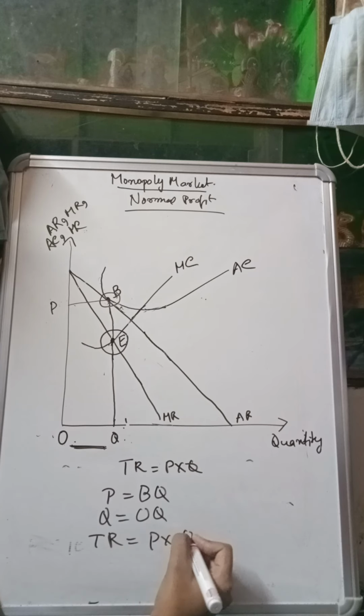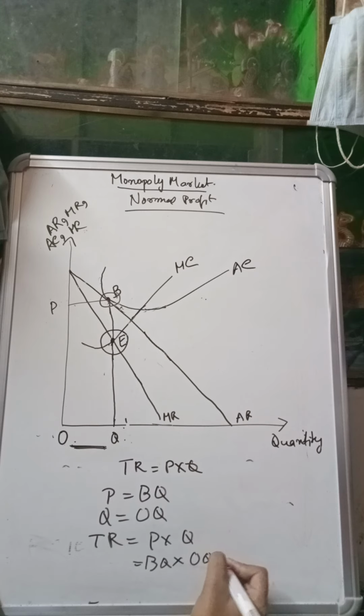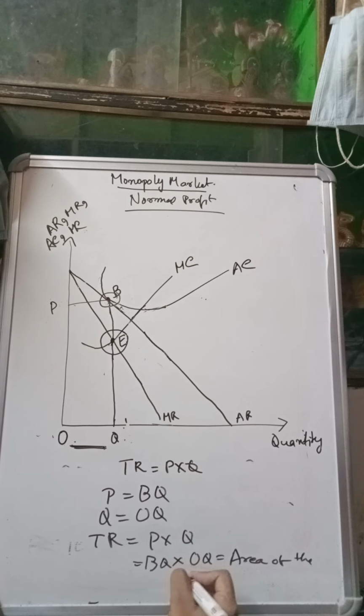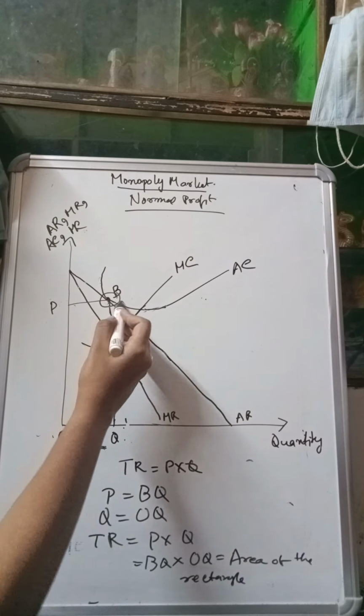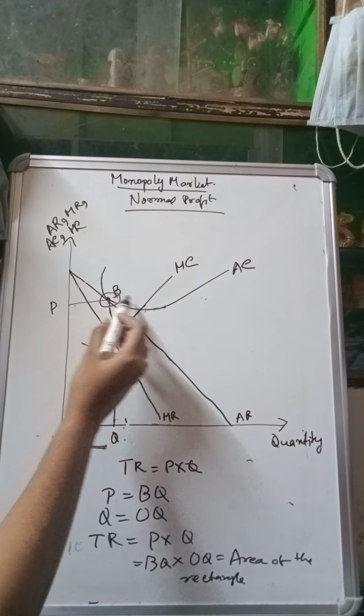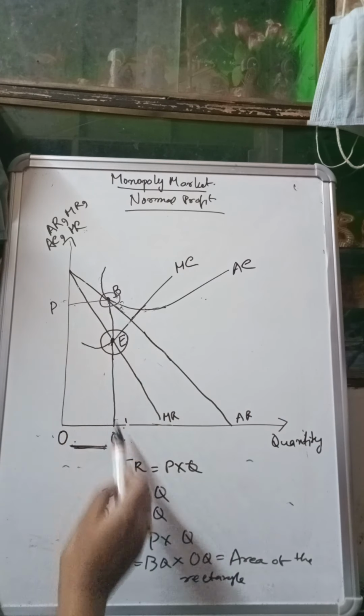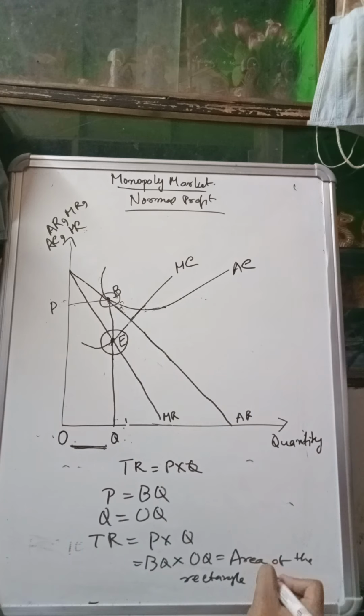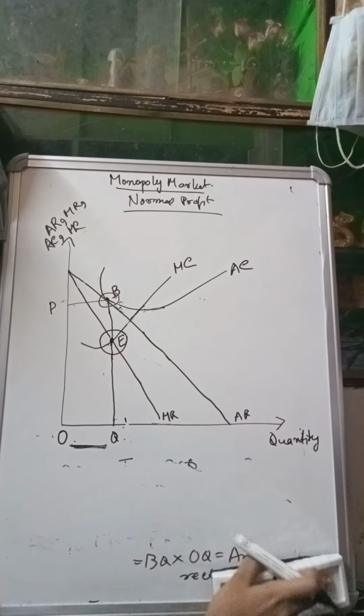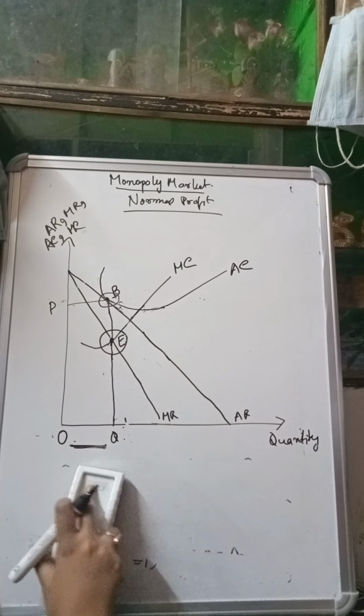P into Q, which is BQ into OQ, and that will obviously give me the area of the rectangle PBQO, right? Now we have seen that TC is PBQO and my TR is also PBQO.